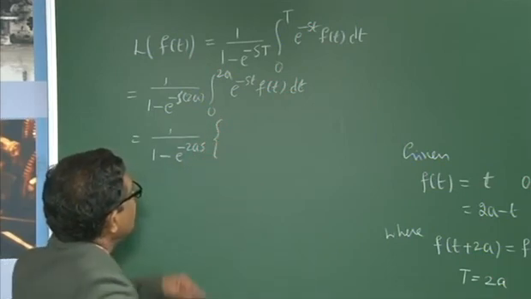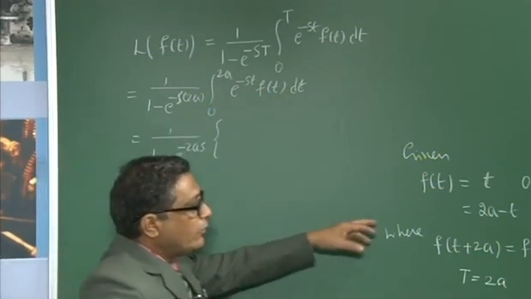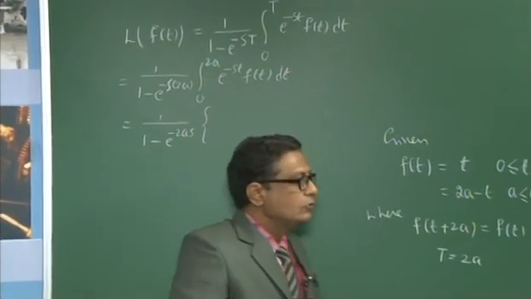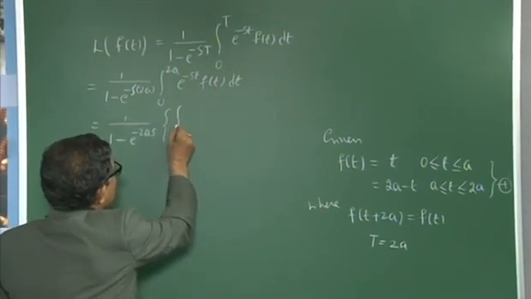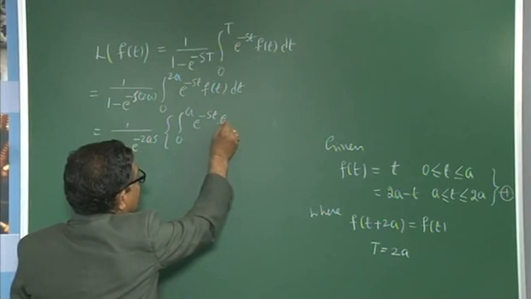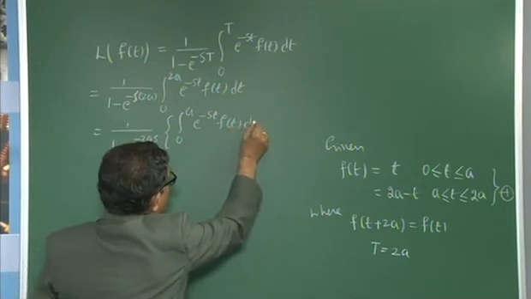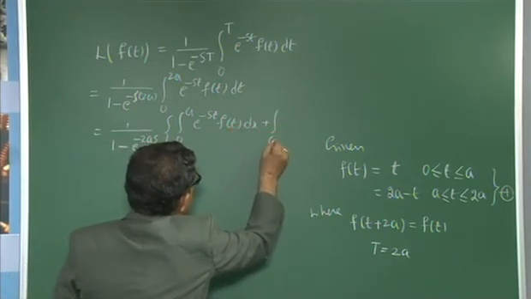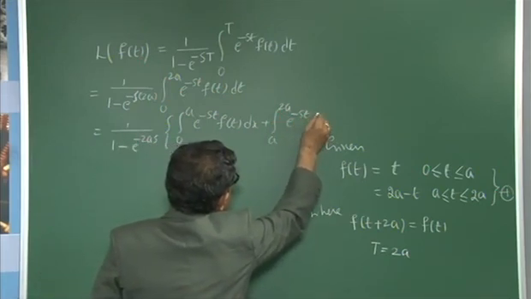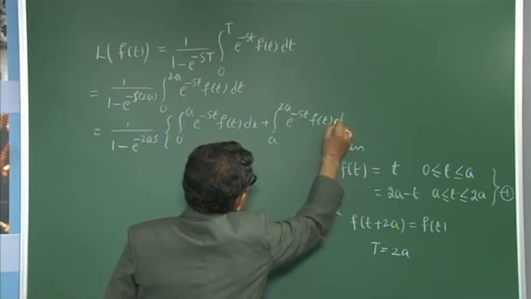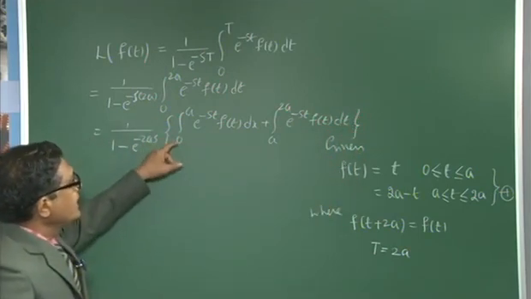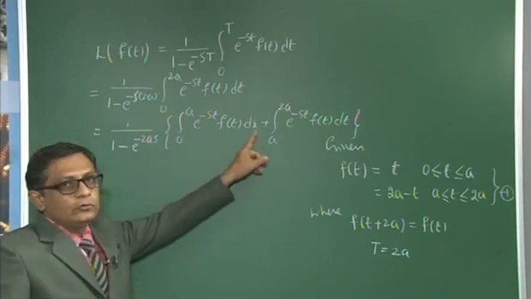Now split the interval 0 to 2a according to the given function, 0 to a and a to 2a. Now it is integration 0 to a e raised to minus st f of t dt plus integration a to 2a e raised to minus st f of t dt. You have split the interval 0 to 2a as 0 to a and a to 2a.